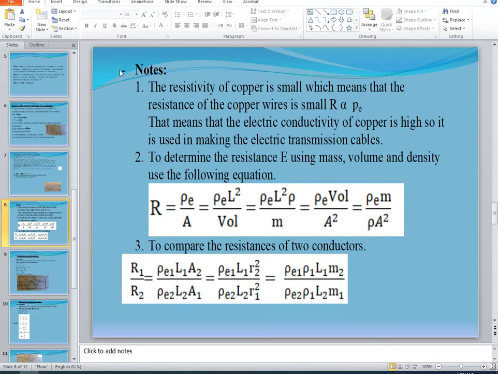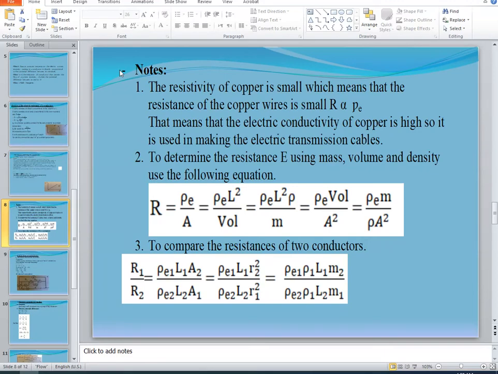Here all the connecting wires will be made of copper. Try to think, after studying these two concepts, resistivity and conductivity, why the scientists found it suitable to make the connecting wires of the electric circuit of copper, not any other material.